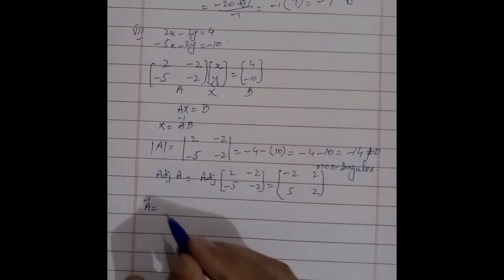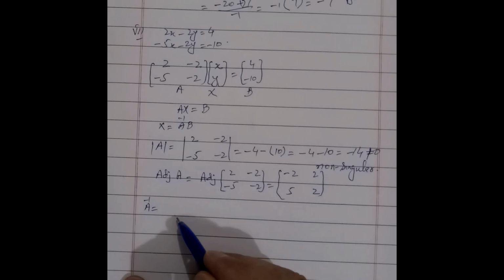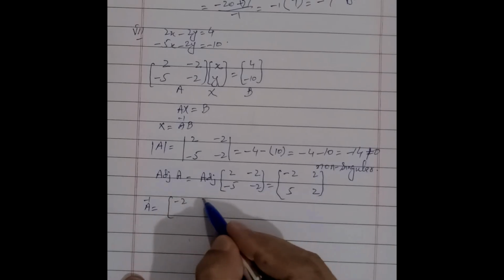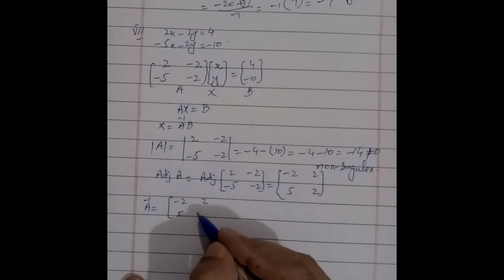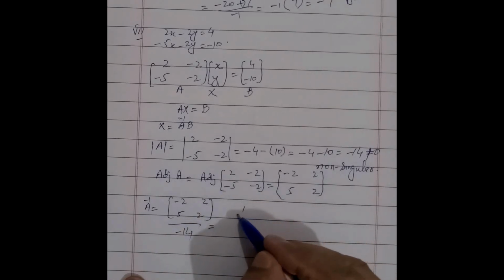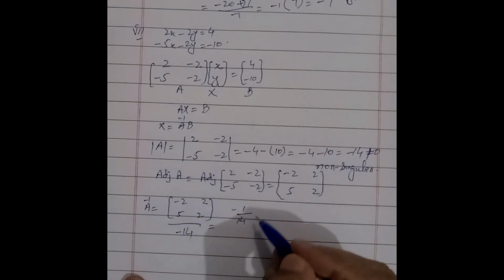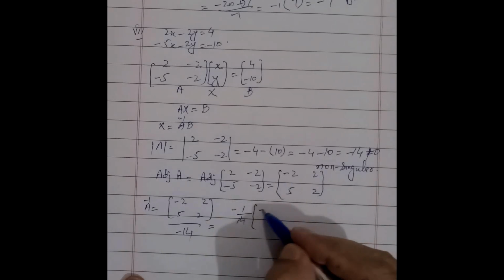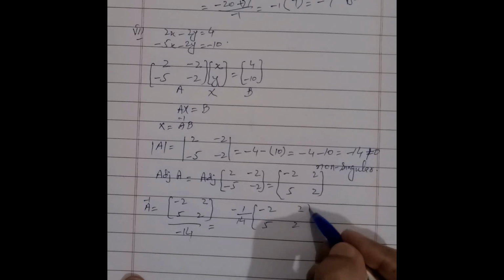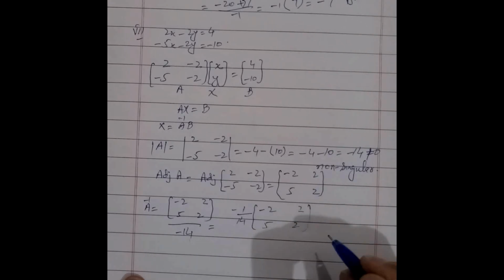A inverse is equal to adjoint of A over the A determinant. Adjoint of A is -2, 2, 5, 2 and the A determinant is equal to -14. So we write it as -1 over 14 into -2, 2, 5 and 2. This is the inverse of A.